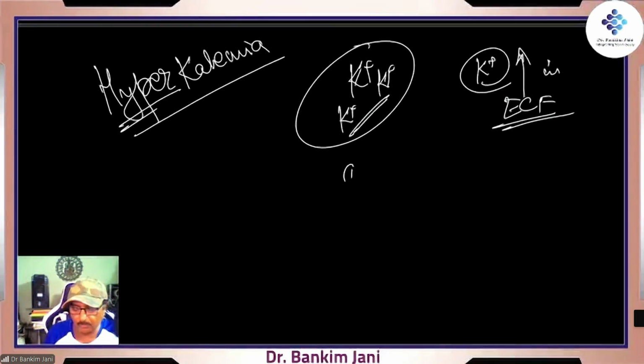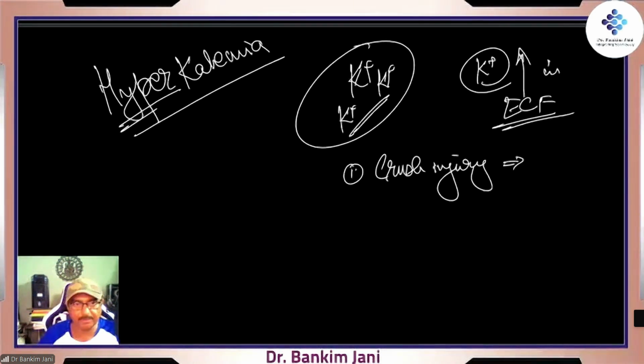One is crush injury. When there is crush injury, when the tissues are massively broken, that will lead to hyperkalemia. Second, when there are massive burns, the tissues are burnt.